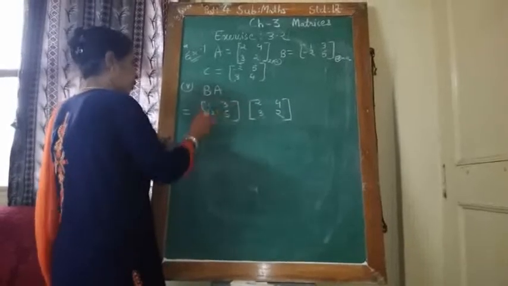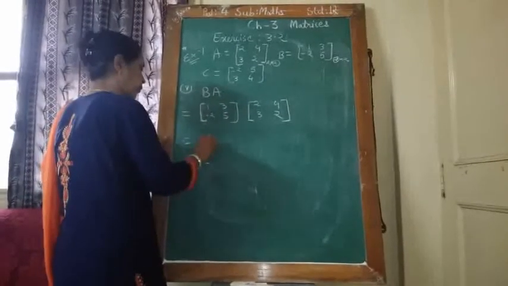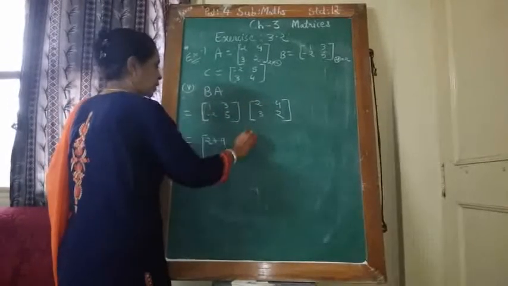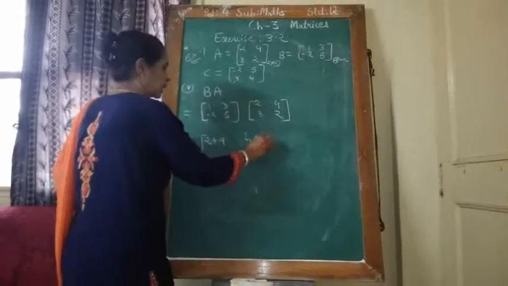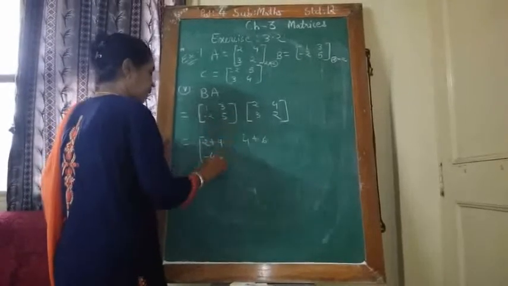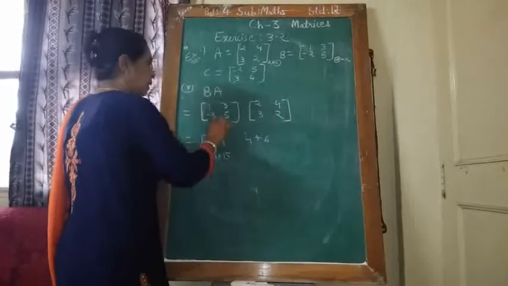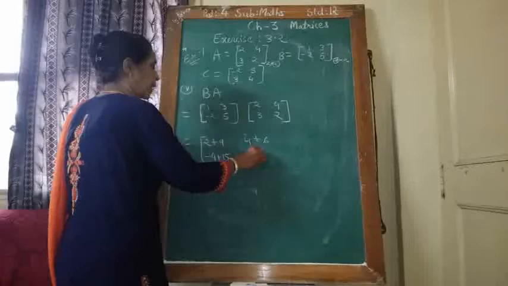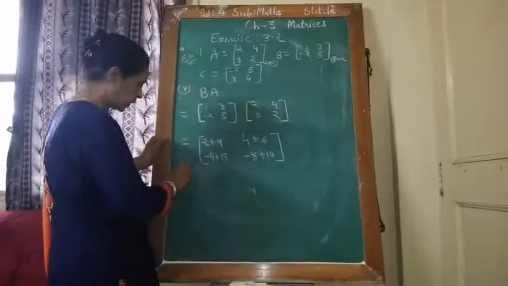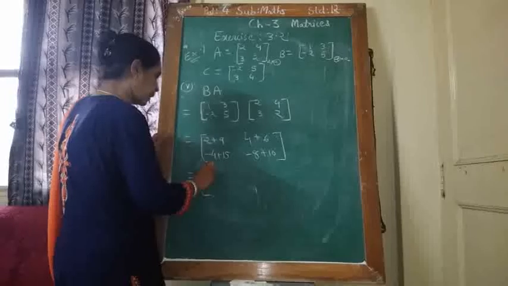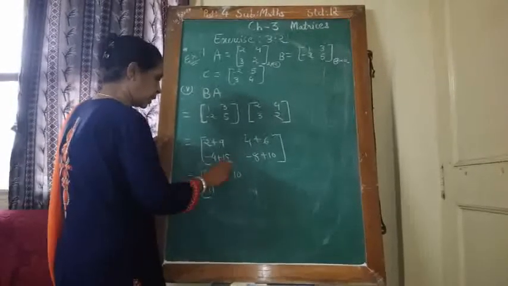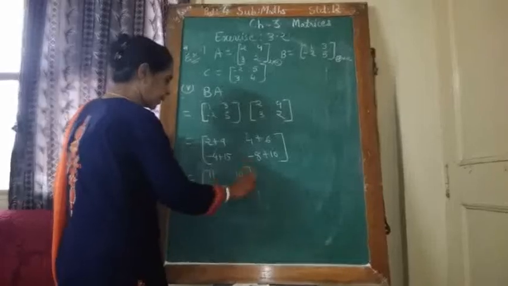First row first column 1 2 ja 2, 3 3 ja 9. 1 4 ja 4, 3 2 ja 6, minus 2 2 ja minus 4, plus 15. Minus 2 into 4 minus 8 plus 5 2 ja 10. Clear? So now you simplify: 11, 10, 15 minus 4 is 11, 10 minus 8 is 2.